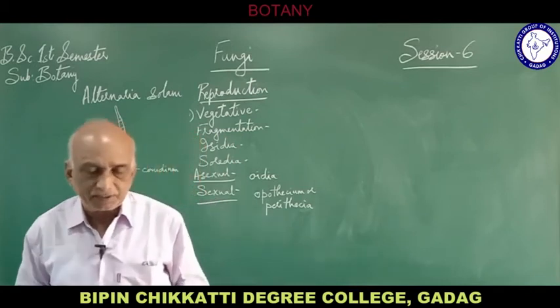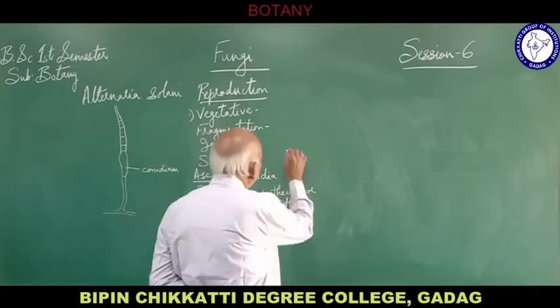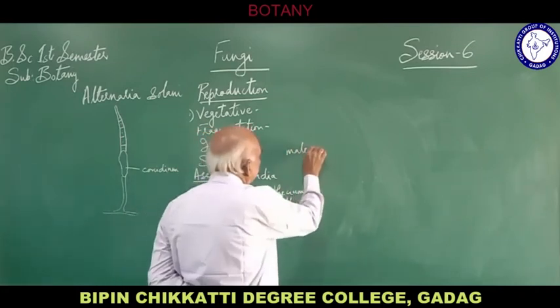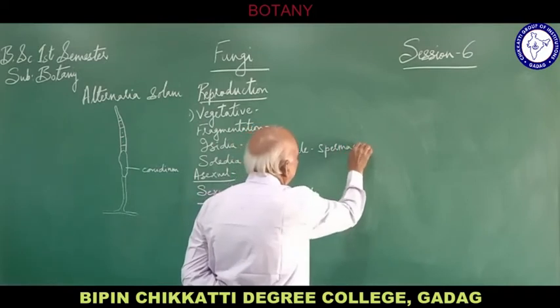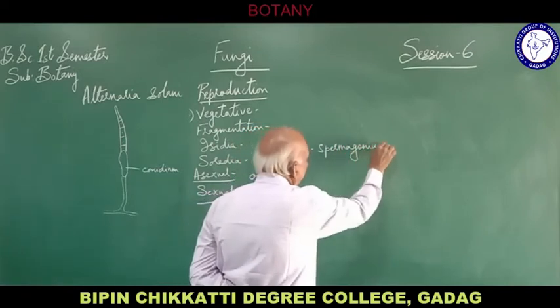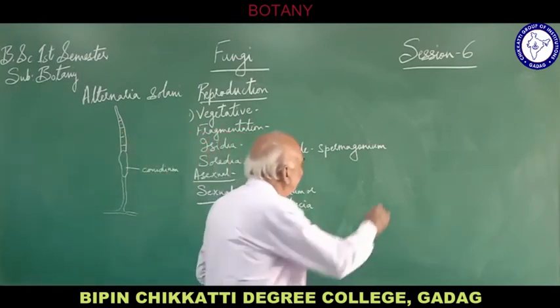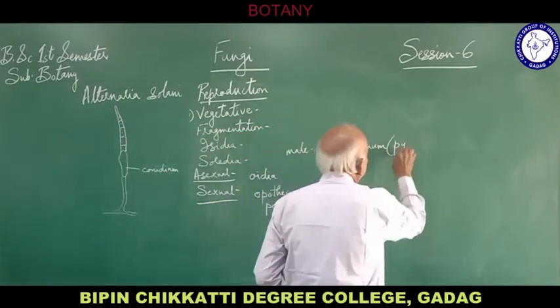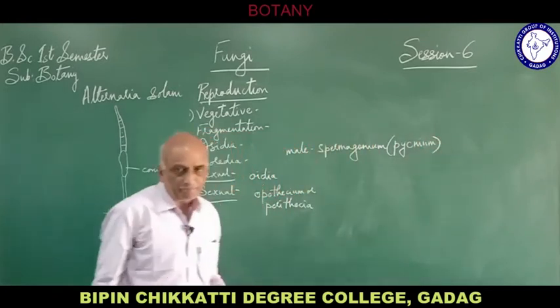So the male reproductive organ is called the spermagonium, which is also called the pycnium. That is the male reproductive part of the lichen.